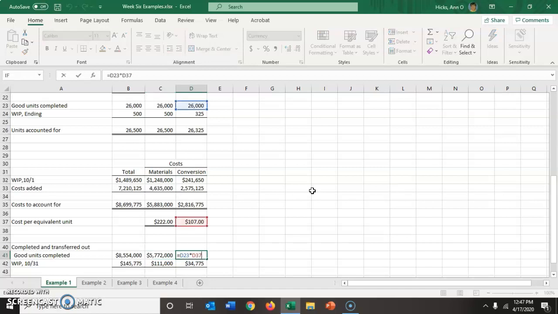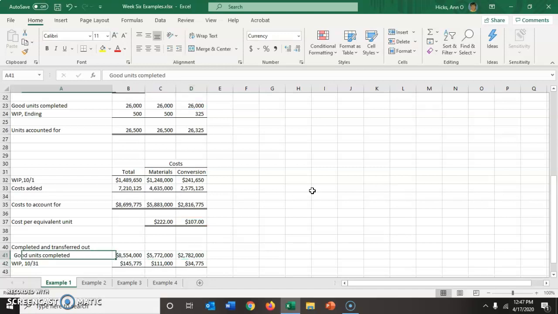Then we'll do the same thing for conversion costs. We'll take the 107 times the 26,000 good units completed, equivalent units, and that gives us $2,782,000, which means of that $8,699,775 in costs, we're going to allocate $8,554,000 to the units that we are transferring out of WIP.